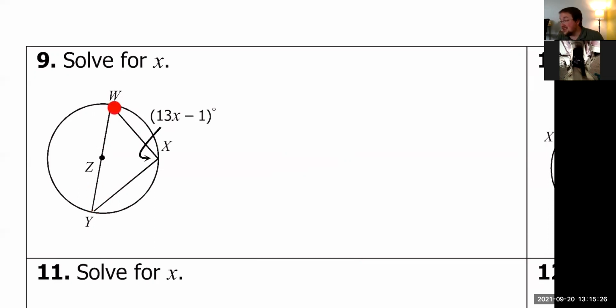It's actually intercepting the diameter. So the semicircle is 180. The angle should be half of that, 90. 90. Or if you go all the way back to when we said an inscribed angle that intercepts a diameter is automatically a right angle, which means 13x minus 1 equals 90.